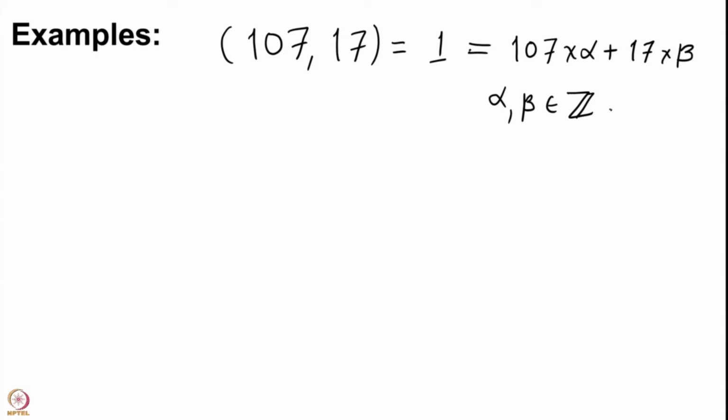When we multiplied 17 by 6 and subtracted from 107, we were left with 5, right. 17 into 6 is 102, 107 minus 102 gives you 5.